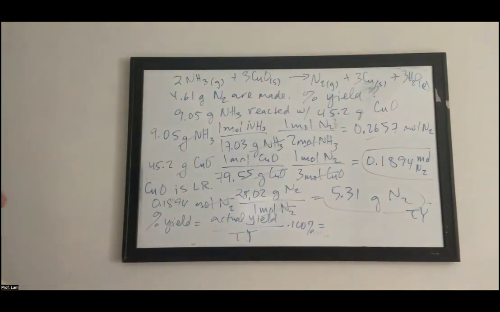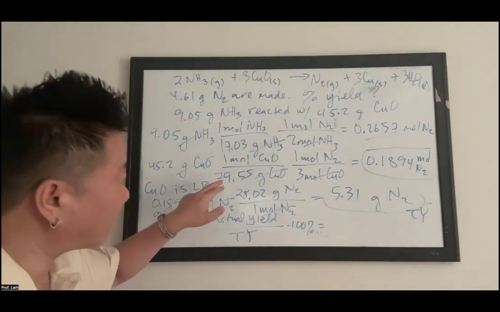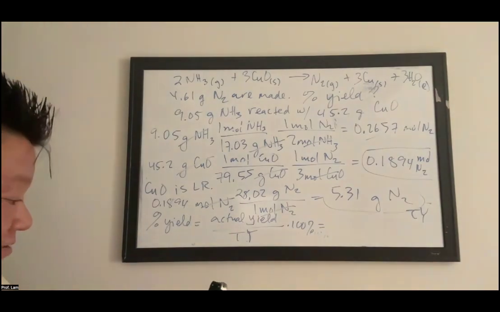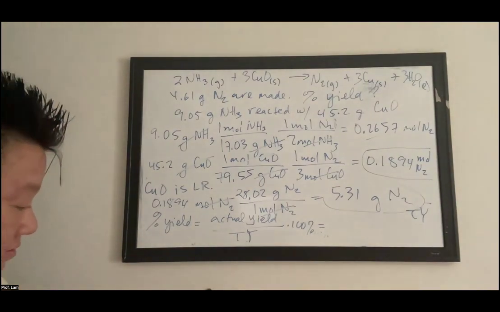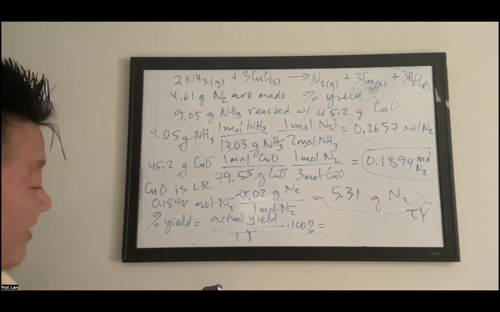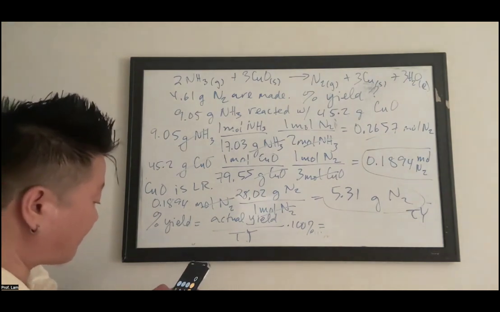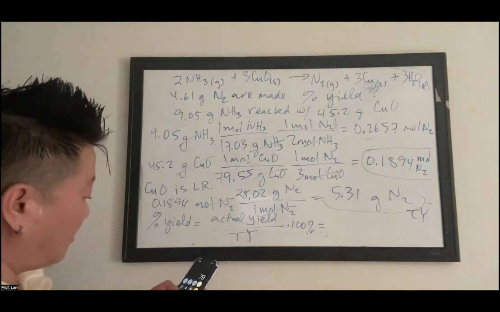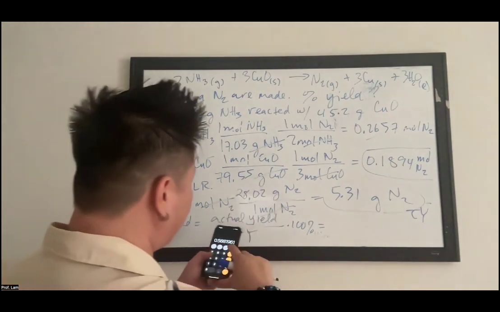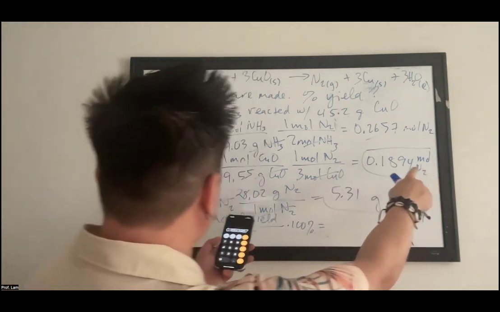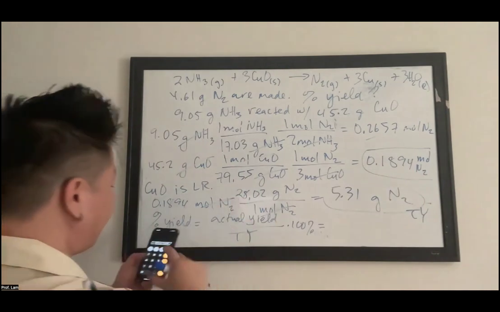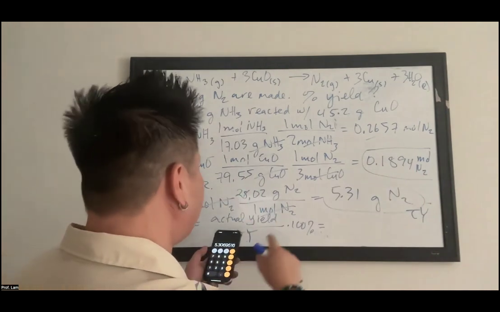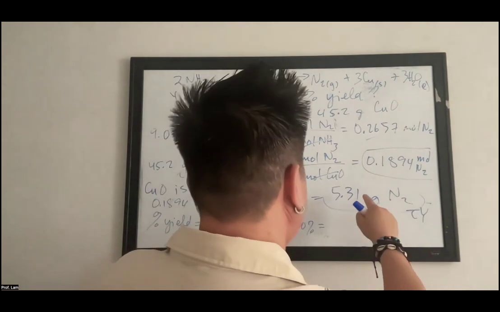Okay, yeah. So that was the mistake, was I had the wrong molar mass of CuO. 79.55, that should have been. So let's quickly recalculate just to double check one more time. Okay, that's the right number. And then we multiply by 28.02 to get this.